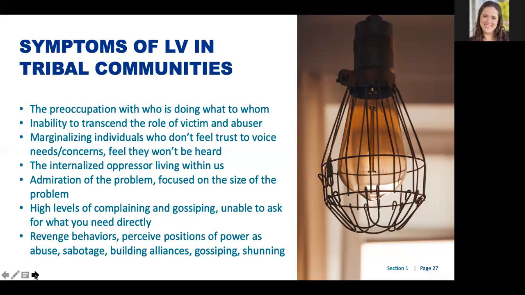Definitely, again, high levels of complaining, gossip, and really just not being able to ask for what you need. There's also this idea of revenge behaviors: sabotaging people, building alliances against a colleague, gossiping about a colleague, shunning a colleague. Those are all symptoms of lateral violence or relatives in tribal communities. Next slide.